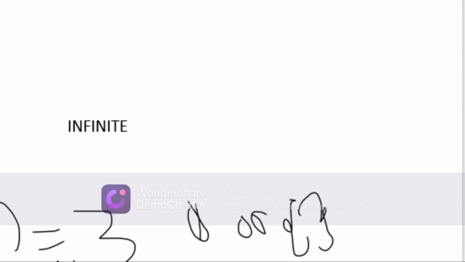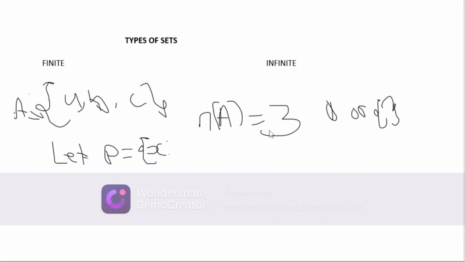The handwriting is bad. The empty set is considered to be finite and a subset of every other set. So that's all about the types of sets. Another thing also, we have a singleton set. A singleton set just means a set having one element.